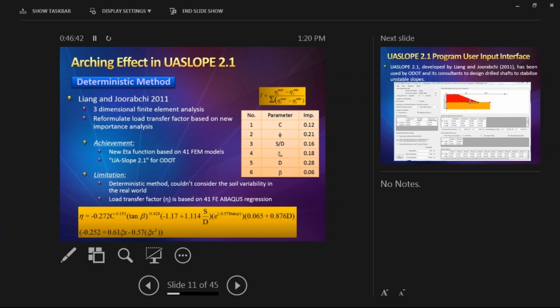So these 5 parameters are very important. On the other hand, the slope angle beta is not as important as the other 5. But in any event, all these 6 factors are considered in establishing this semi-empirical equation, and you can see the equation at the very bottom of this slide.